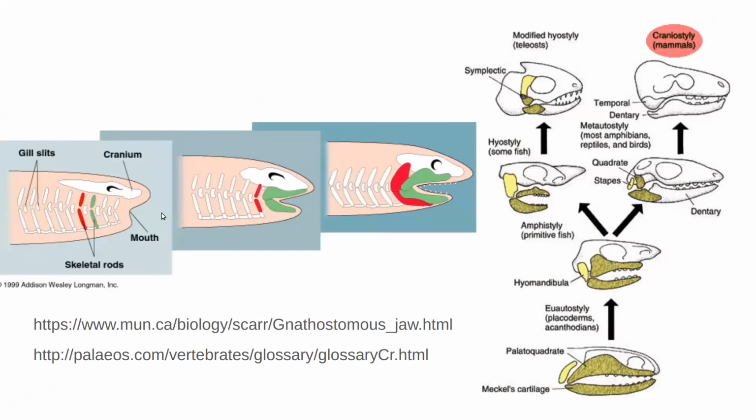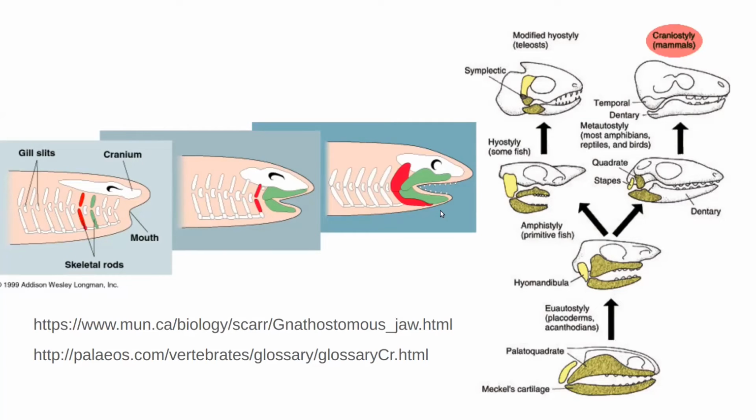At some point, millions of years ago, those baskety struts that supported the gill slits, the ones at the very front, mutated in such a way that they were larger and could snap closed. And that was the first jaw in a fish. And you can see how this might have happened.